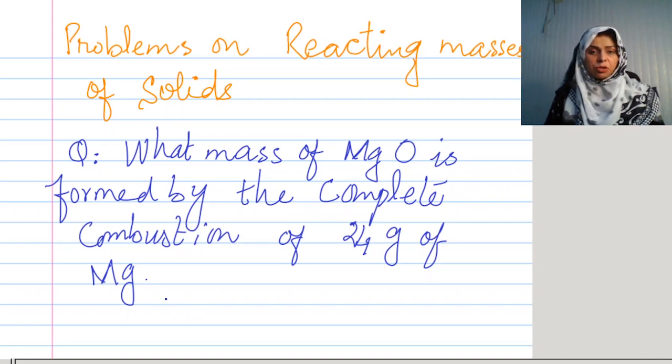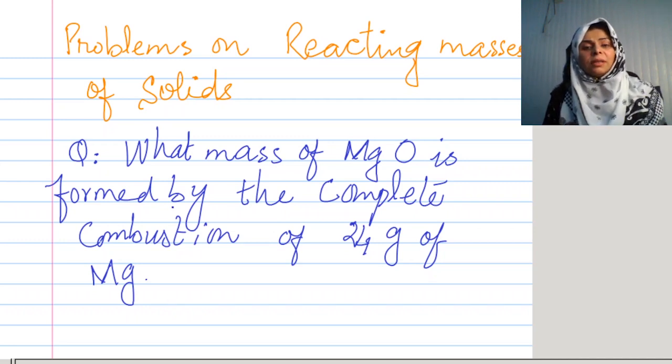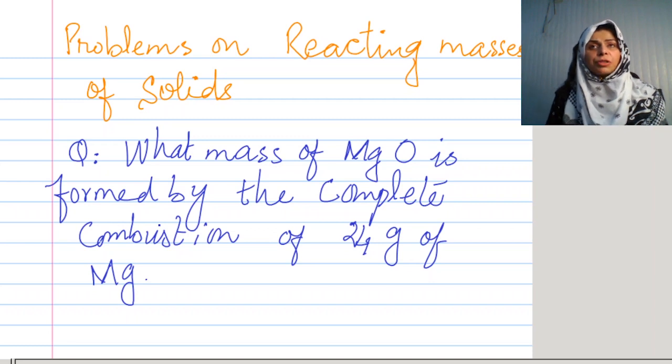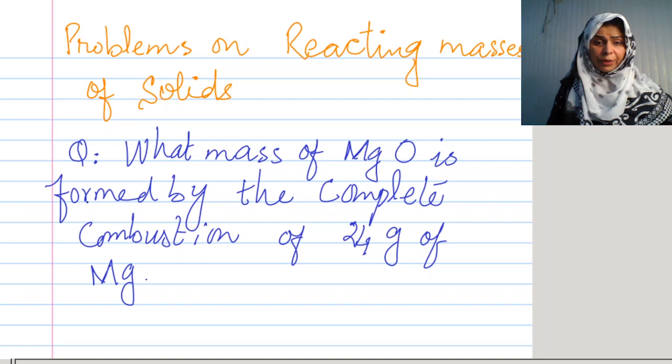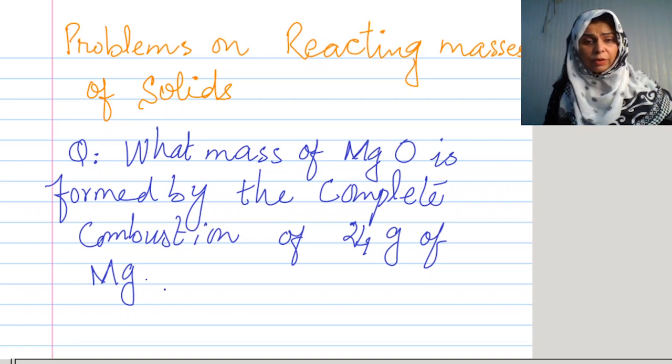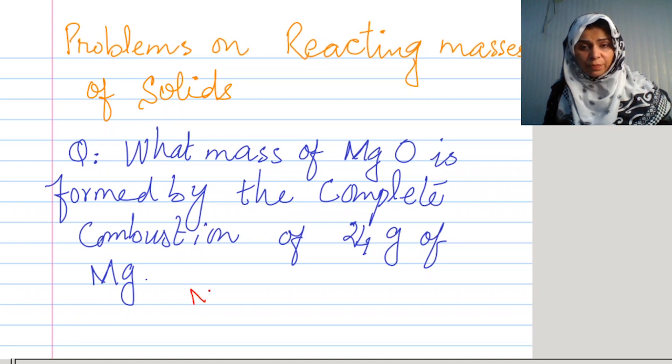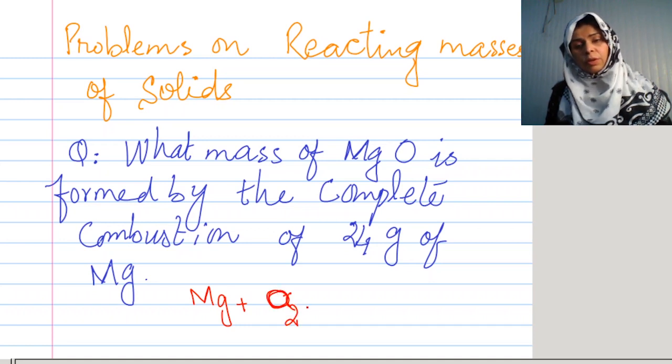Such chemistry in which we study calculations by using chemical reactions is called stoichiometry. So now we have to write the equation: magnesium completely combusts in the presence of oxygen to form magnesium oxide.